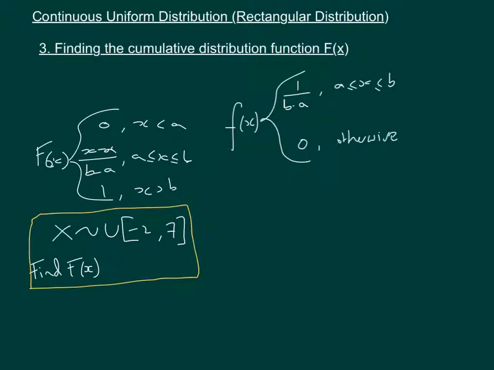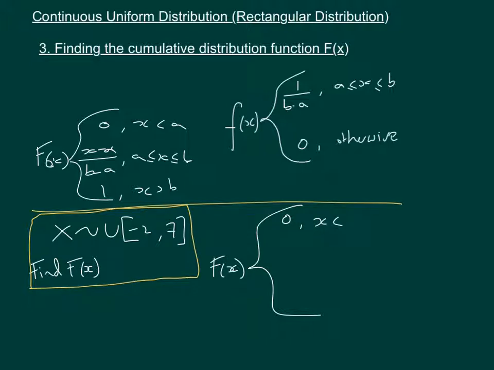So I've got a question here. I've been asked to find the cumulative distribution function, capital Fx, of this continuous random variable. So I'm just going to apply the formula. So in my brace I'm going to say it's 0 when x is less than a, and in this case a is minus 2, so when x is less than minus 2 it's 0.